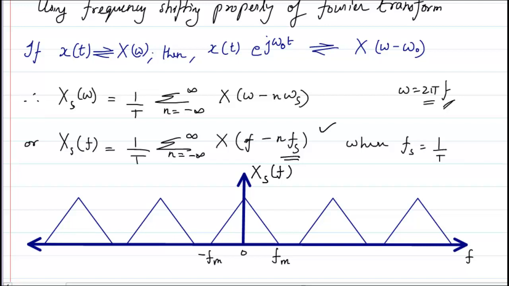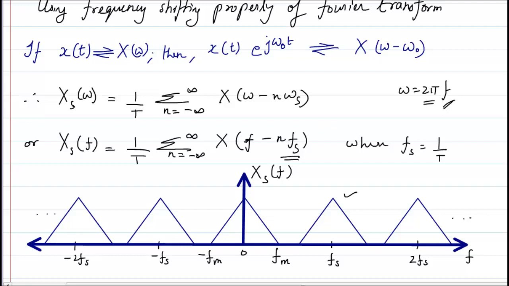This is for n is equal to 0, this is for n is equal to 1, so this is going to be fs, this is going to be 2fs, this is minus fs, this is minus 2fs, and like that it will go in all directions. So this is what this equation is going to be.